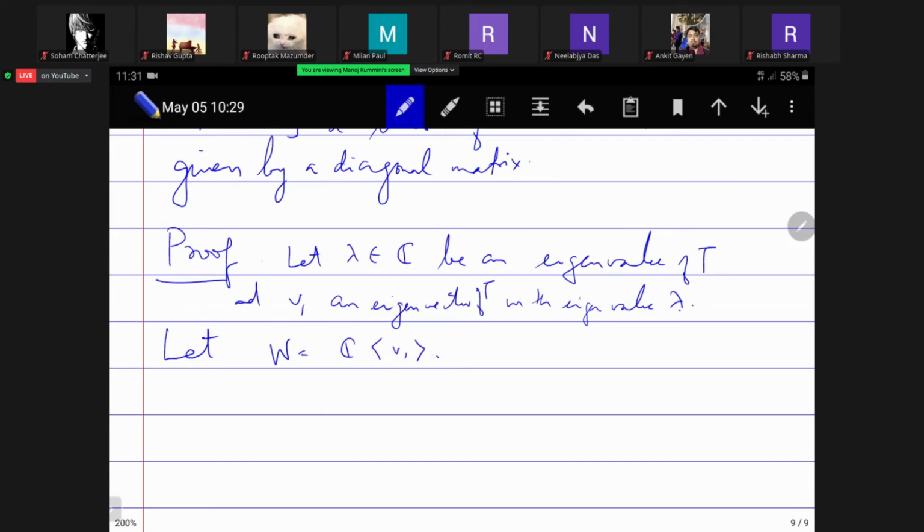So now, of course, the statement is true if n is 1, because if n is 1, it's just a 1 by 1 matrix which is diagonal. Right? Maybe I should have started out writing this properly.